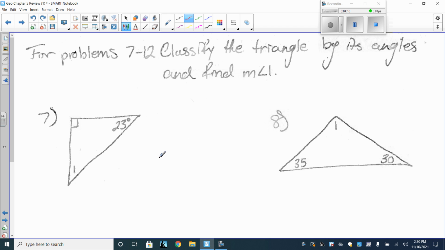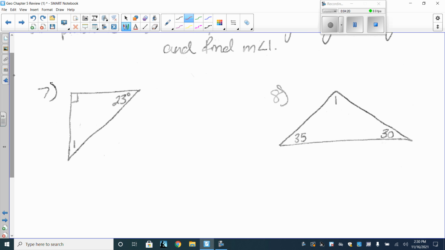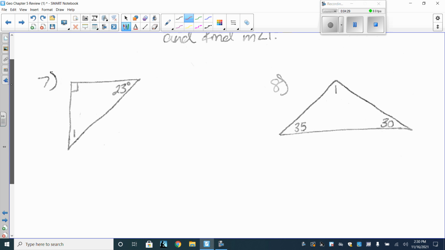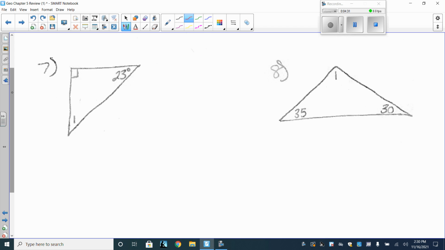So if we look at number 8, we do know that the 2 angles that are given are 35 and 30. So those are both acute angles. We still need to find the measure of angle 1. Now any 3 angles in a triangle add up to be what? 180. So we can take the measure of angle 1, I'll just call x, plus 30 plus 35 is equal to 180.